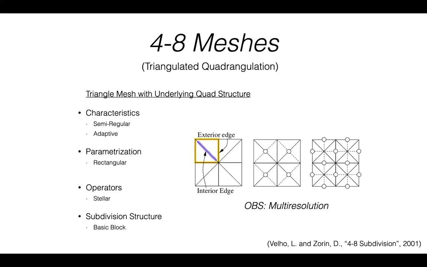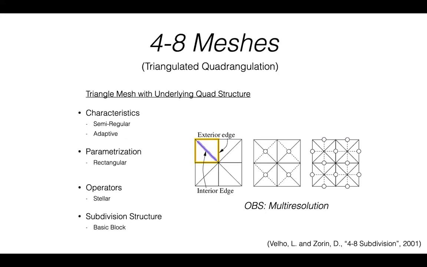And the good thing is that this triangle mesh has an underlying quadrilateral structure. So you see that here, the quadrilaterals are subdivided into triangles. So we have this block, what you call a basic block. And the basic block is a quadrilateral that's split in the middle into 2 triangles. And the characteristic, as I said, is that it's semi-regular, and also is adaptive because we can subdivide.